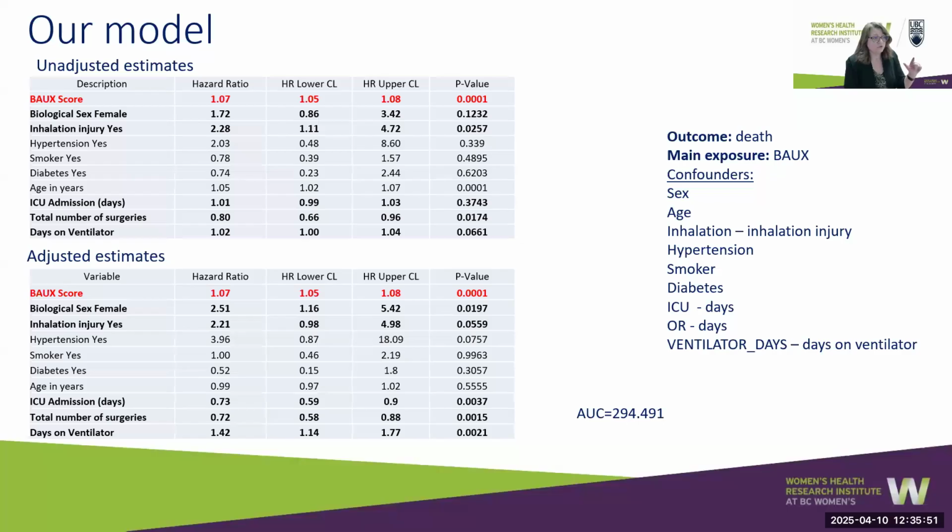Before, it was very close to 1, not doing anything, but here we can see that ICU days actually reduced risk of death in the end. And it's not overlapping 1, so estimates are relatively stable. And days on ventilator, which was very close to 1, now show an increase by 142.